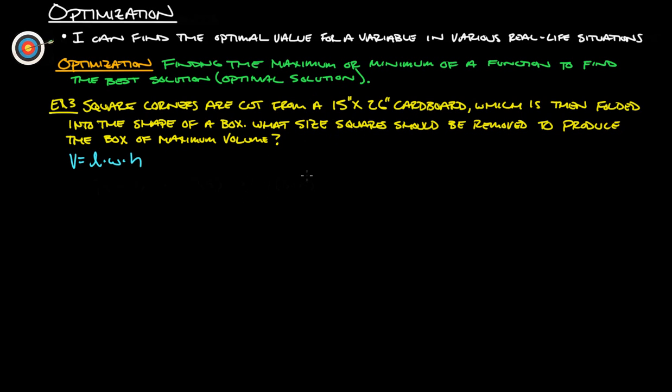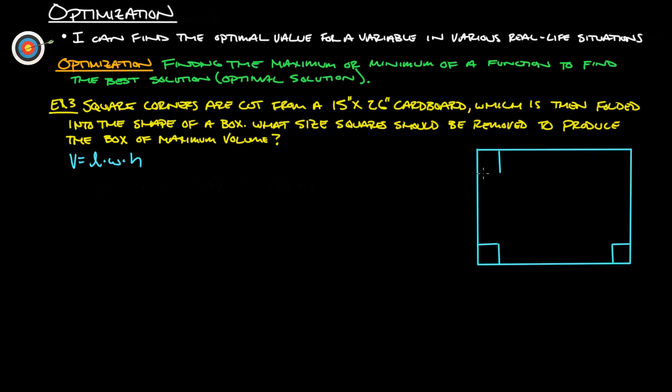Right, so we want to come up with the biggest volume we can make from this hunk of cardboard here. So just so we can get an idea of what we're looking at, let's draw our cardboard box. We got 15 by 26. And then what we're going to end up doing is cutting these corners out of this box, and then folding up the remaining parts.